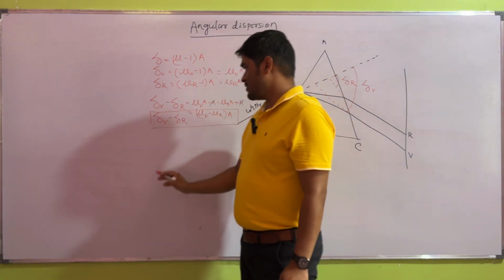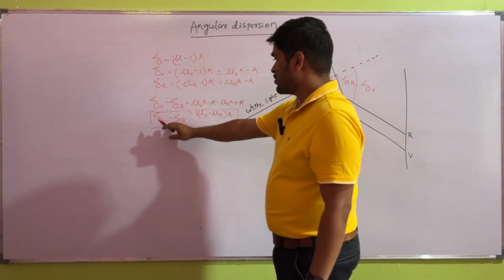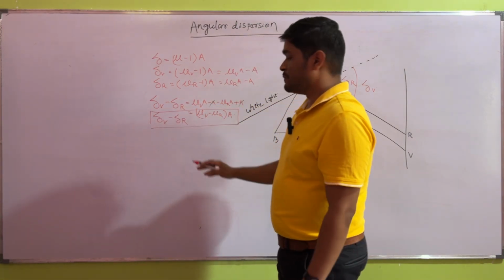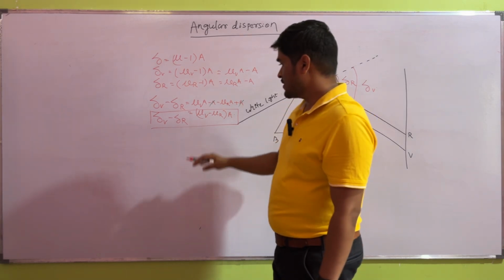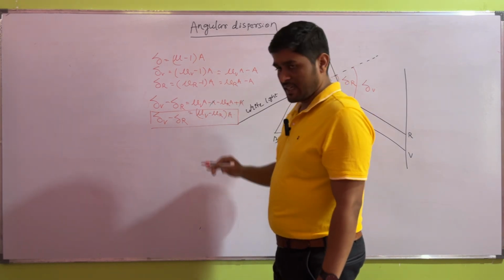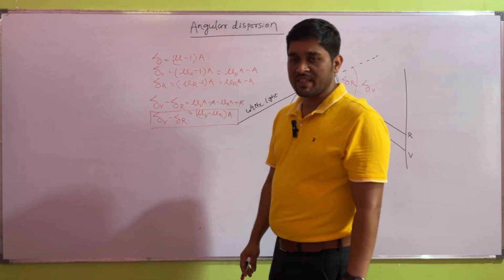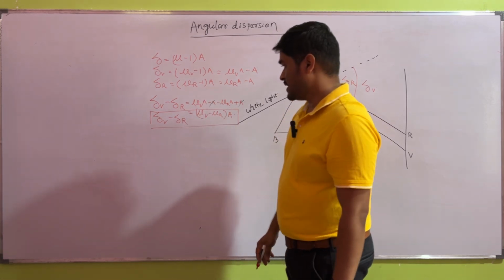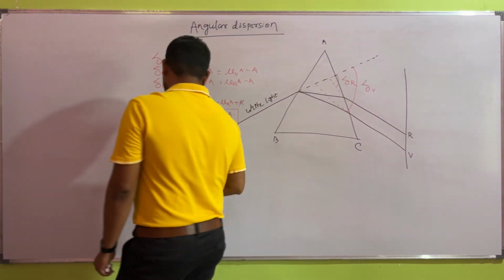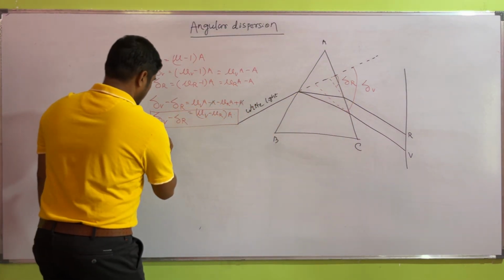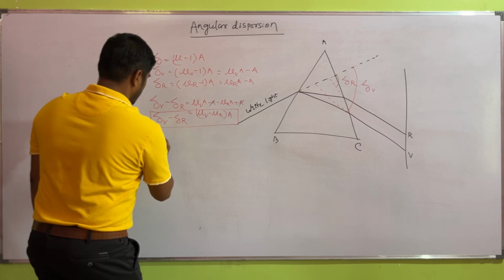From the formula, you can say the angular dispersion depends upon which factor? It depends upon the angle of prism and mu, the refractive index of the material of the prism.